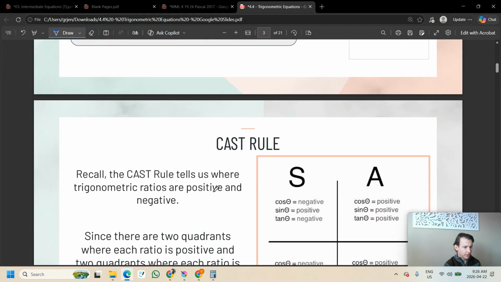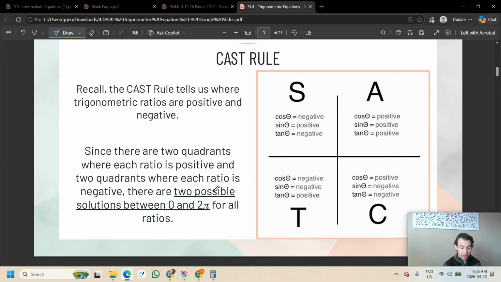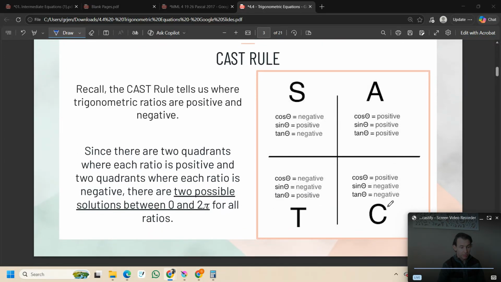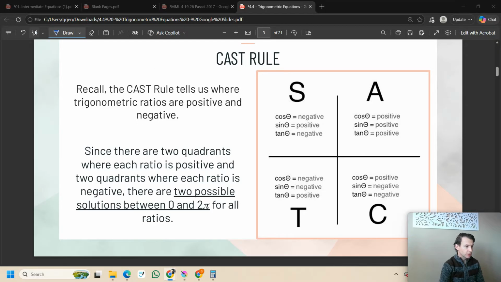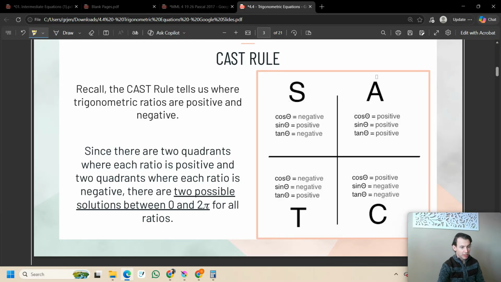So, CAST rule. Nothing particularly surprising here. We've seen this multiple times. Just wanted to do a brief review. Cosine is positive all in this range because cosine is related to the x value of those triangles that we draw. If this is positive, then cosine is positive.